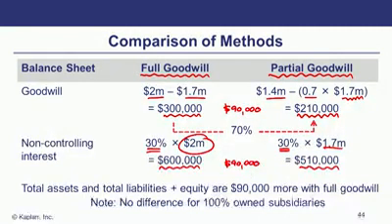Again, there's the point we're making. This only has an implication for subsidiaries where there are minority interests. If we're looking at a subsidiary where we own 100% of the equity capital, then by definition, full goodwill and partial goodwill, of course, are identical.